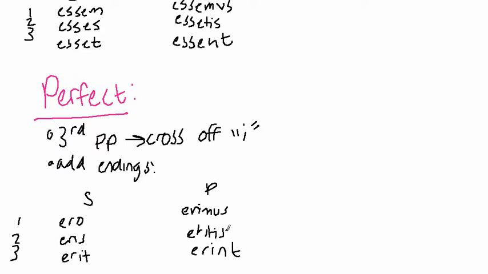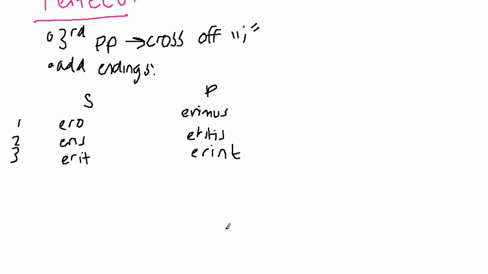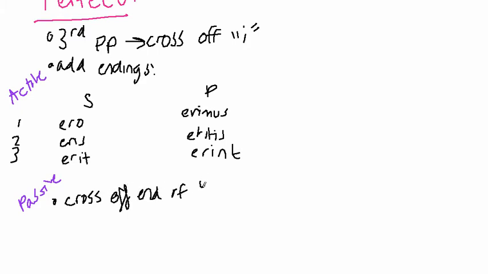And for the passive, let me label active and passive. For the passive, you cross off the end of your fourth principal part, and then you add the ending of your subject, the first or second declension adjective endings, which we've done quite often, and accompany it with different forms of sim, which I'll copy below.